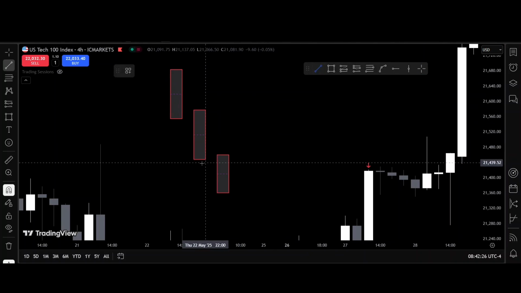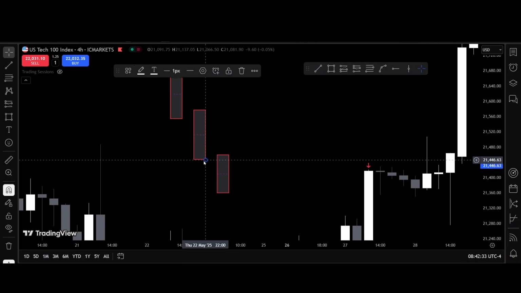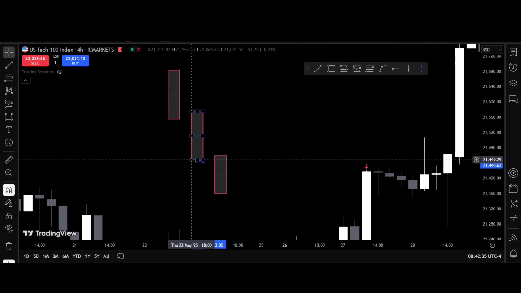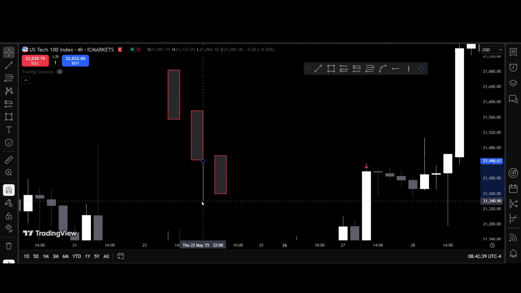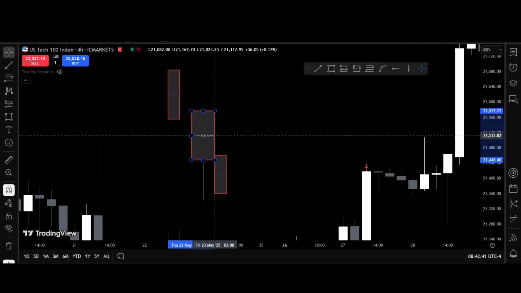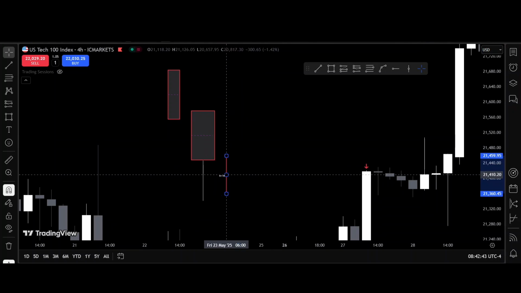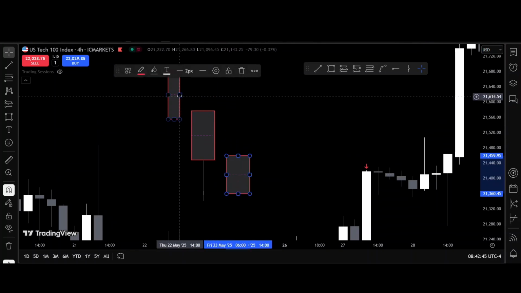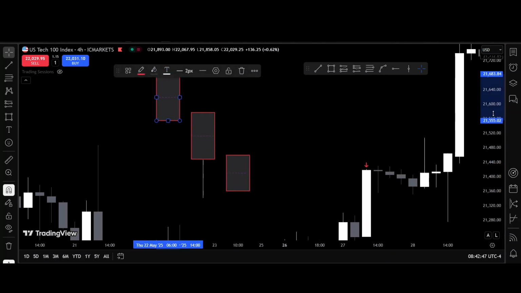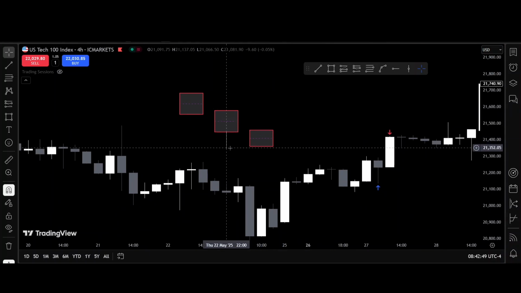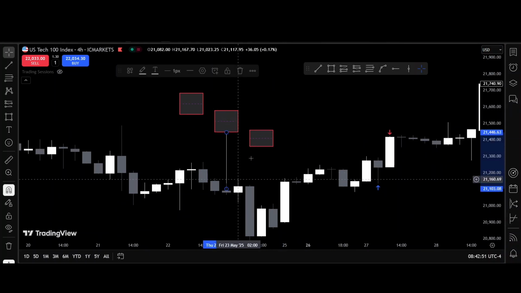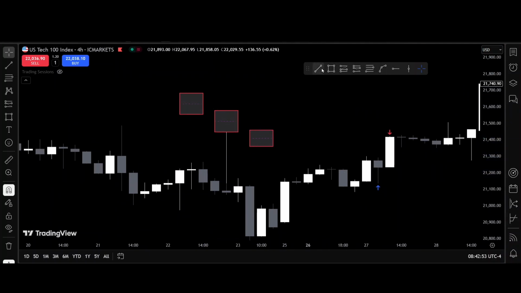The second candle's wick could look like that. Hold up, man. What is wrong with this? The second candle's wick could look like this for all I care. It could look like that for all I care.